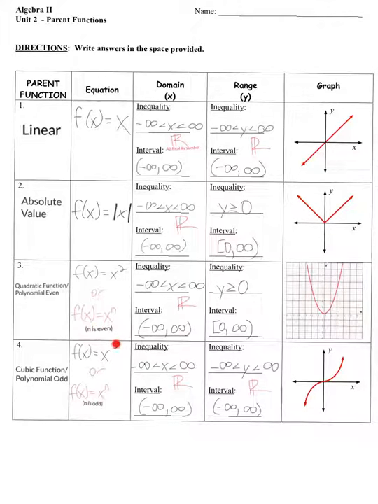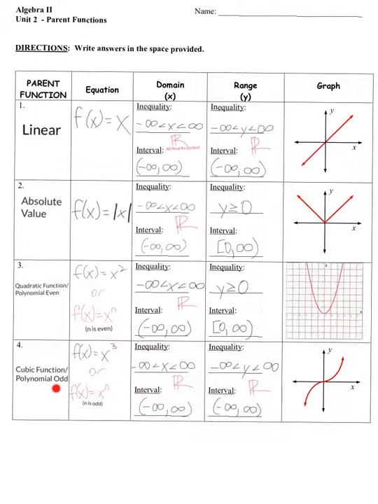So you'll see on the next one, I call it the cubic function or polynomial odd. And again, if you're plugging in the third power, fifth power, seventh power, you'll have a graph that looks similar to this. But this graph specifically is the cubic graph, which you'll use more commonly. But the cubic function is a polynomial odd function, okay?